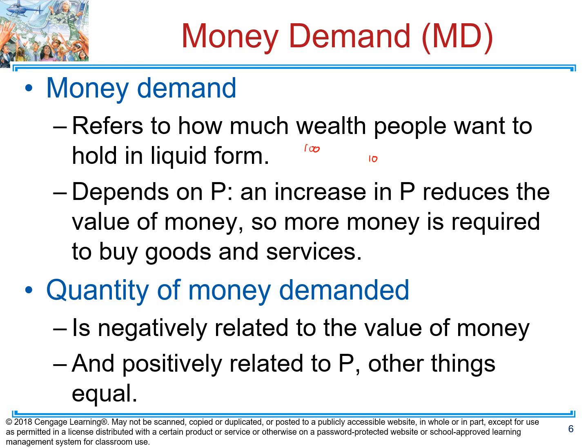So the quantity of money demanded is negatively related to the value of money and positively related to the level of price, if other things stay the same. For higher prices, we need to have more money to buy things. Necessity for money is demand for money.